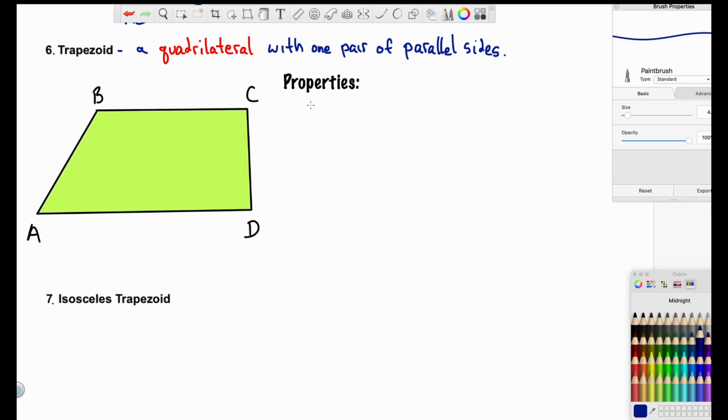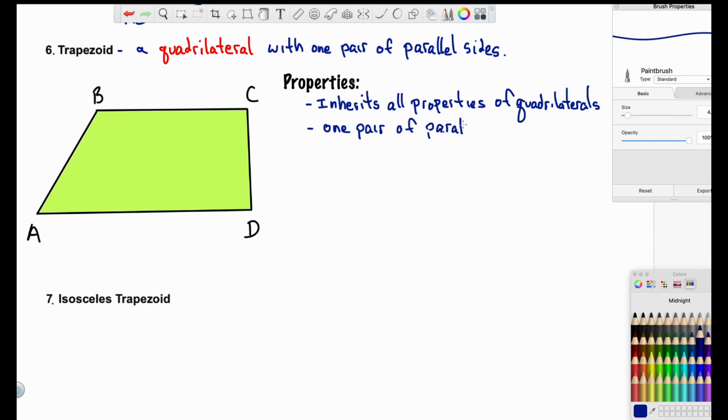We have one side that is parallel. We have bases. Top and bottom are called bases. We'll get to that in the next one.